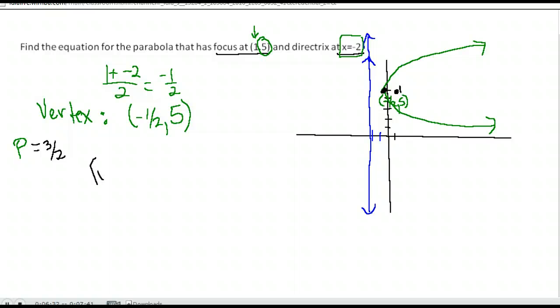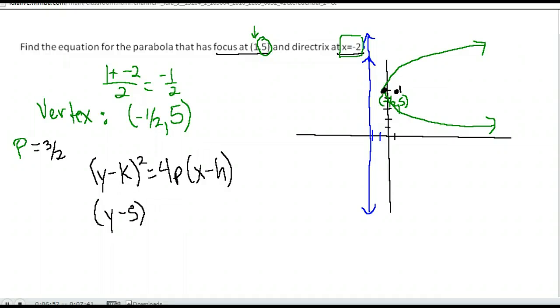Let's write that down. We have a y squared, we know because this is opening to the right. So we have (y minus k) squared equals 4p times (x minus h). Okay, h and k are the coordinates of our vertex. Make sure you put the y with the y part and the x with the x part. So we'll have (y minus 5), that was the y from our vertex, squared, equals 4 times our p we found was 3/2 or 1.5, because it was 1.5 units from the vertex to the focus point, times (x minus h), which is the x-coordinate of our vertex.